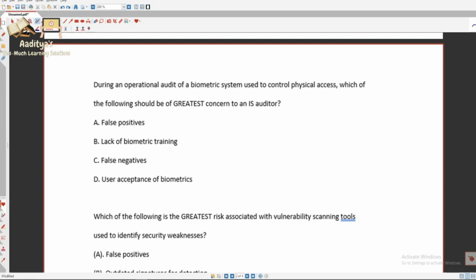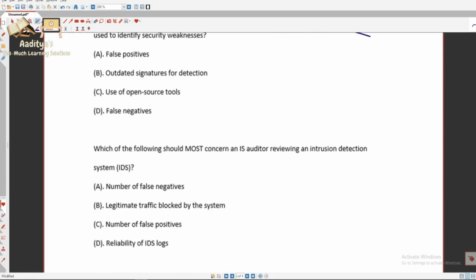Now here the first question is on the topic of biometric system. The second question is on the topic of vulnerability scanning tools, and the third question is on the topic of IDS. So different questions and different answers, when to select false positive and when to select false negative, where lots of students are getting confused.